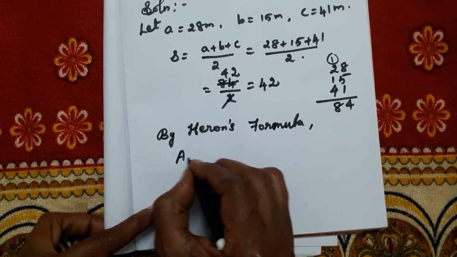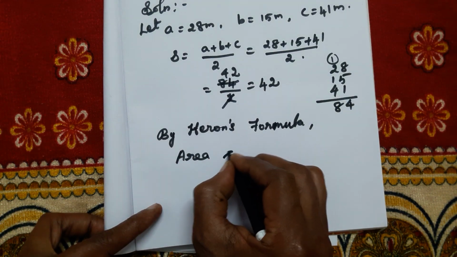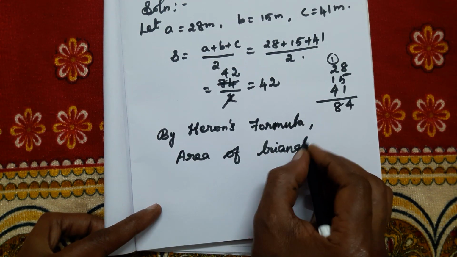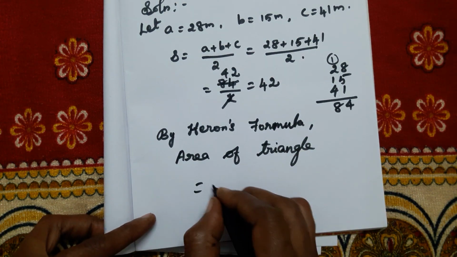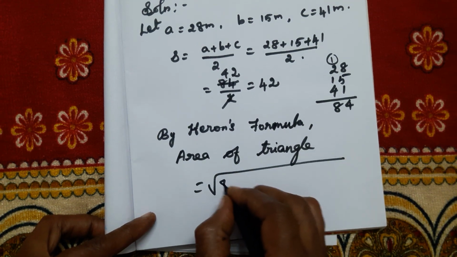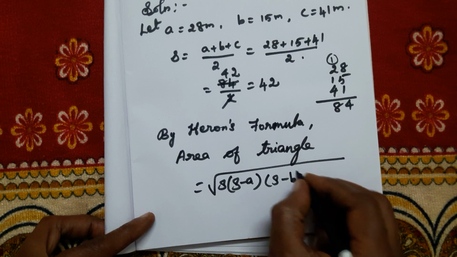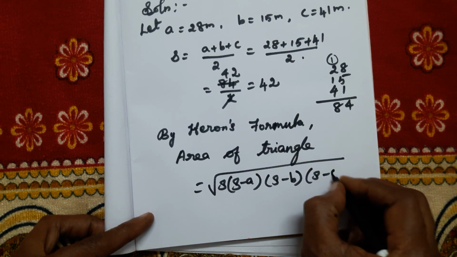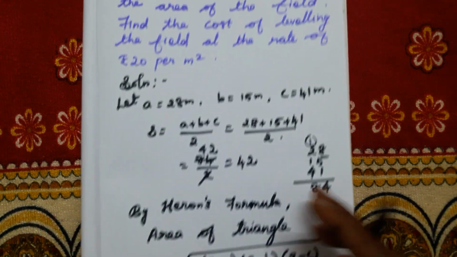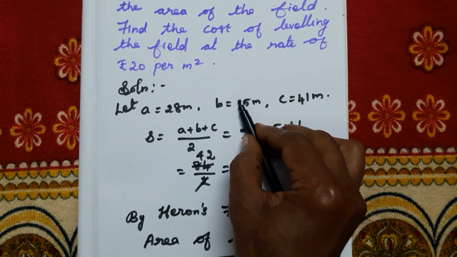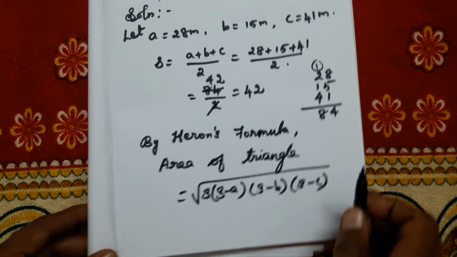Area of triangle is equal to root of S into S minus A into S minus B into S minus C. Here, in place of S we have to use 42, A is 28, B is 15, C is 41.